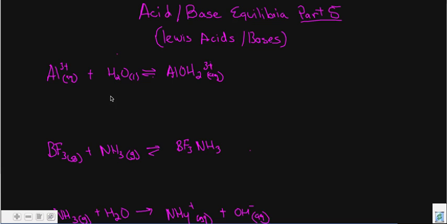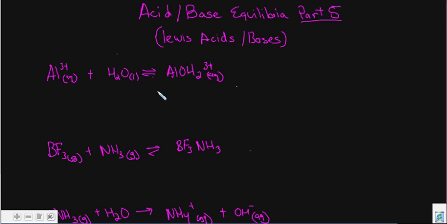Aluminum in solution is actually going to create an acidic solution, because here's what's going to happen. The aluminum is going to make some of these aluminum hydroxide ions in solution. And you can imagine that if it's combining with these and taking two hydroxides, you end up with free hydrogen ions. You end up with an acidic solution.